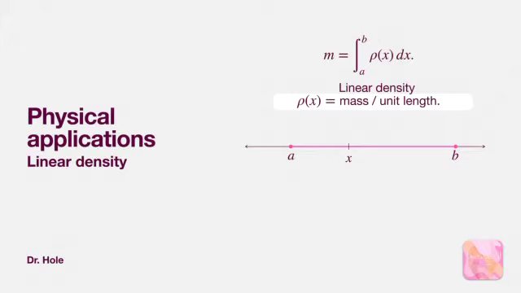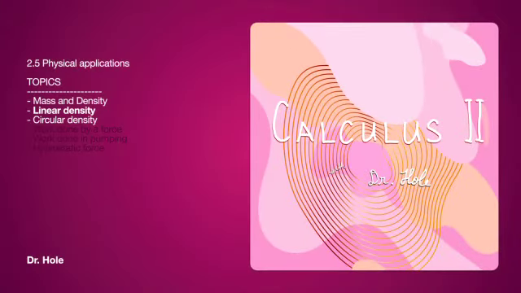In this case, where the thin rod is represented by an interval, a to b, on the real number line, changing the point of the rod that you pick would change the density. Changing the linear location, this is a linear density function. Okay, so that's some vocabulary.